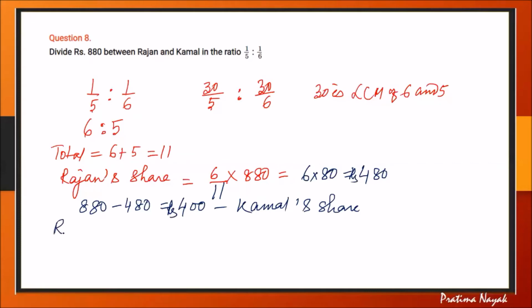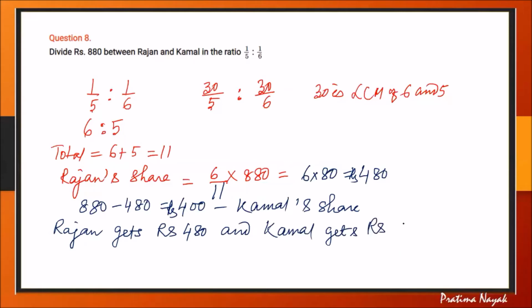So Rajan gets rupees 480 and Kamal gets rupees how much? It will be 400.